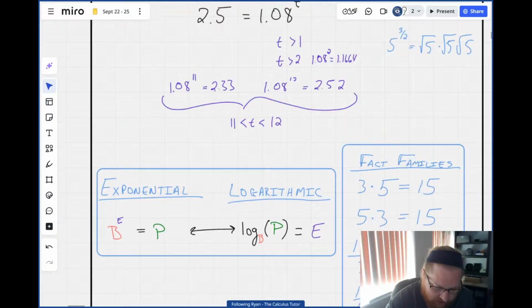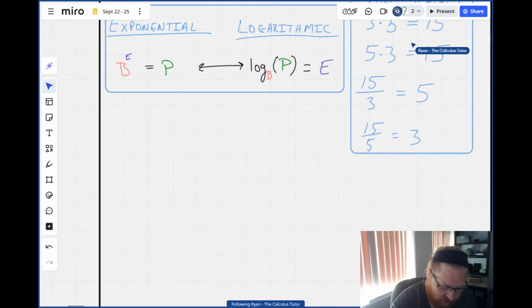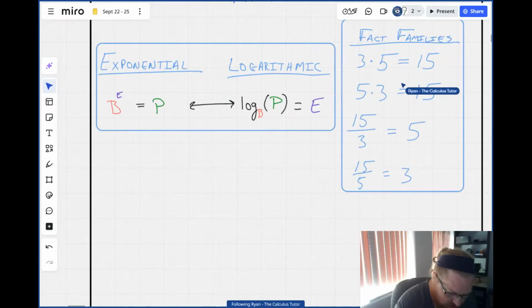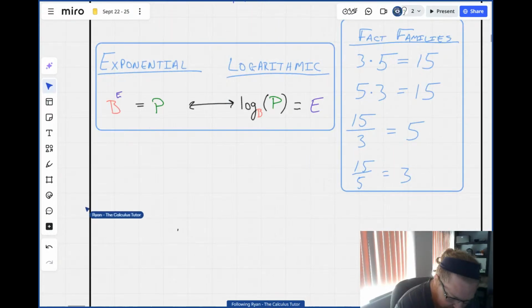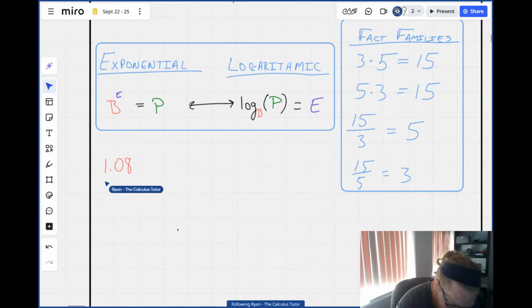So we have 2.5. I'm going to rearrange this. I'm going to put the exponential on the left-hand side like I did there. So we have 1.08 to the t is equal to 2.5.